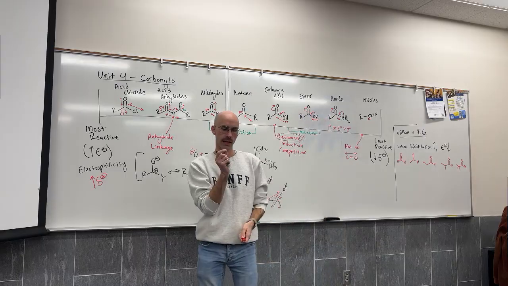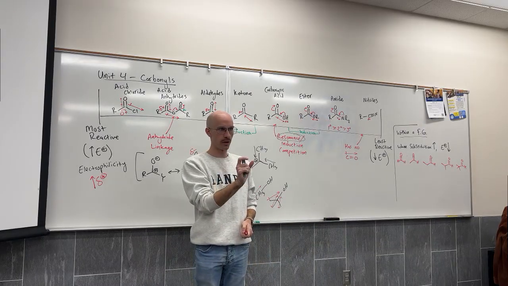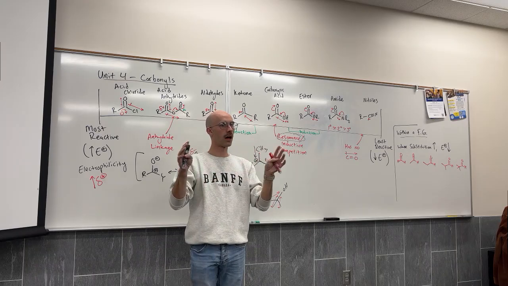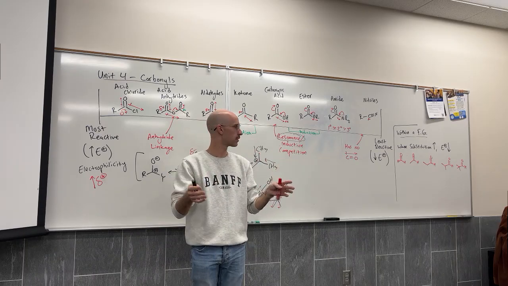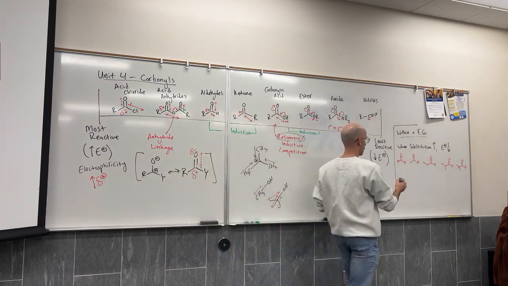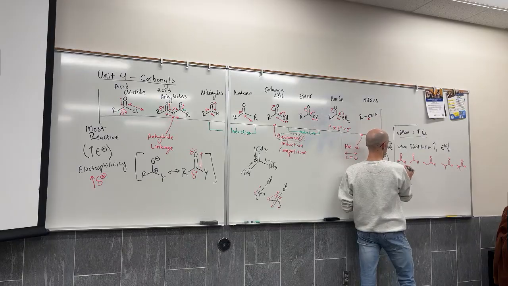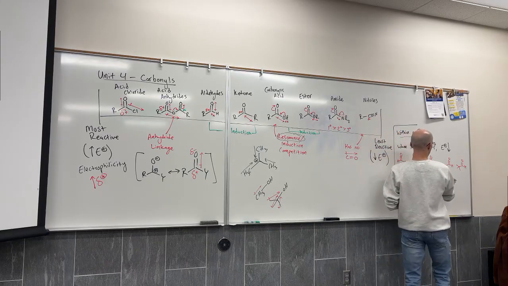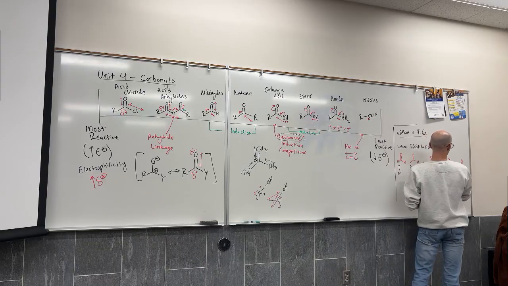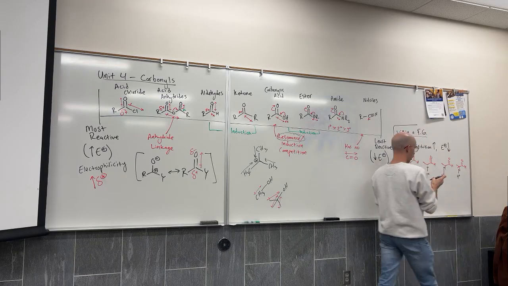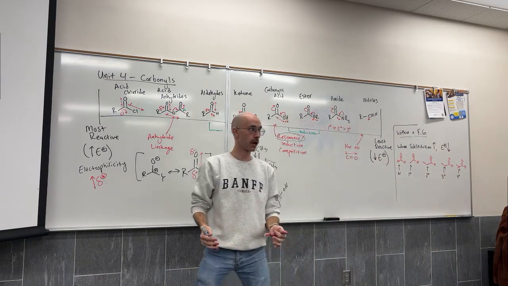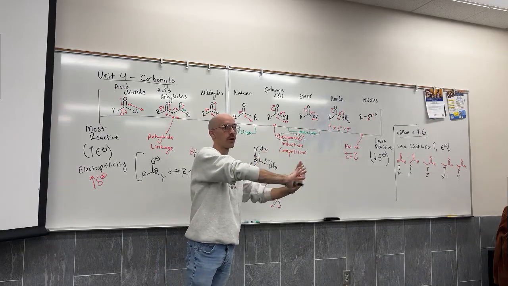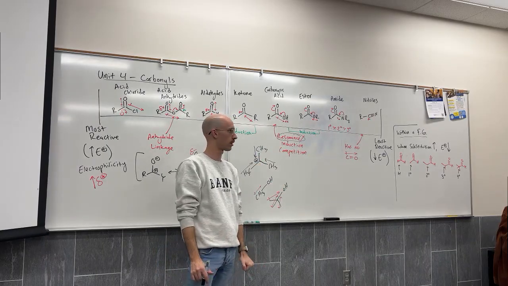So we're not even looking at the substitution of the carbonyl. We're looking at the substitution of the neighboring groups. As we go from hydrogen to primary carbon, to secondary carbon, to tertiary carbon, to quaternary carbon, those groups are able to induce electrons towards the carbonyl to stabilize it more.